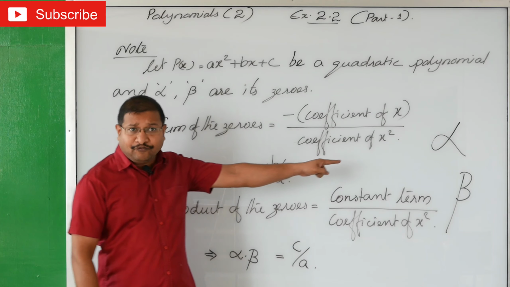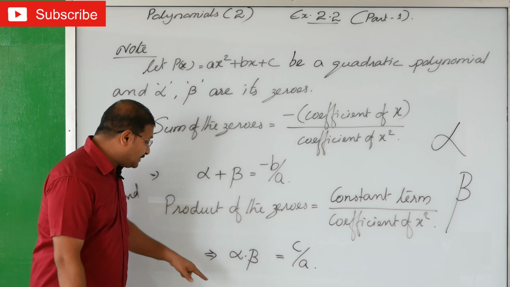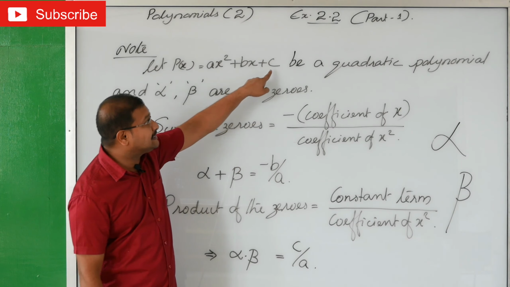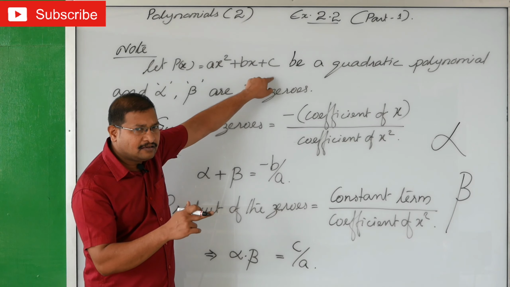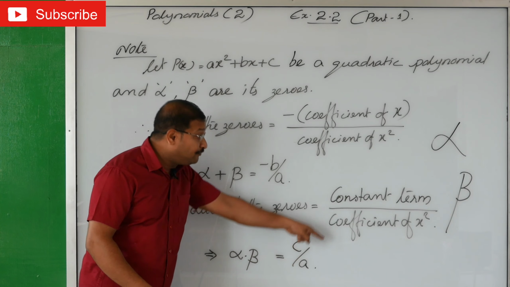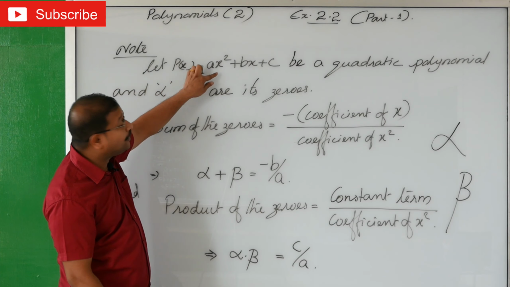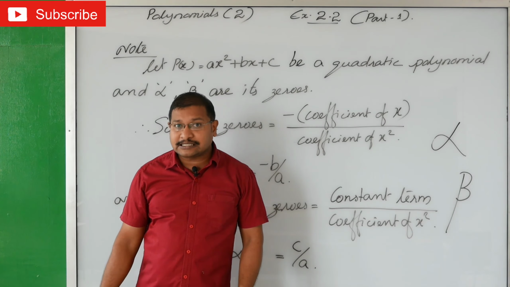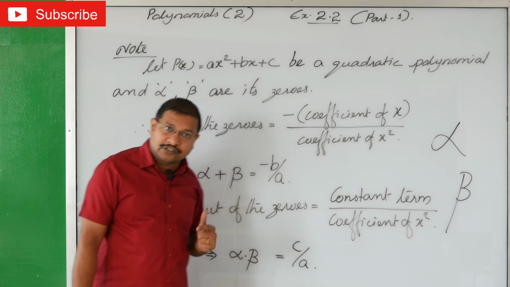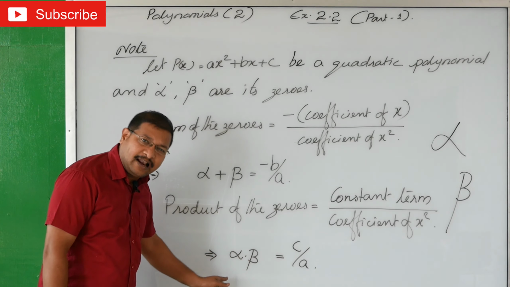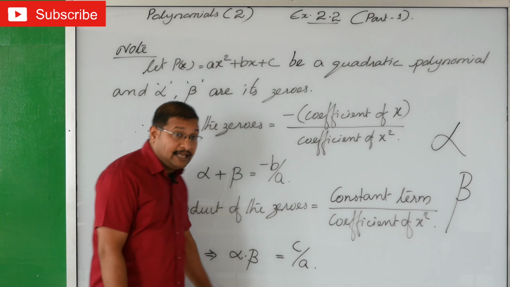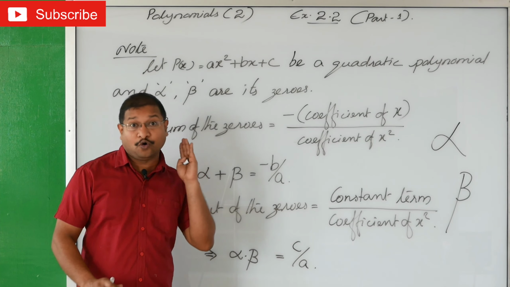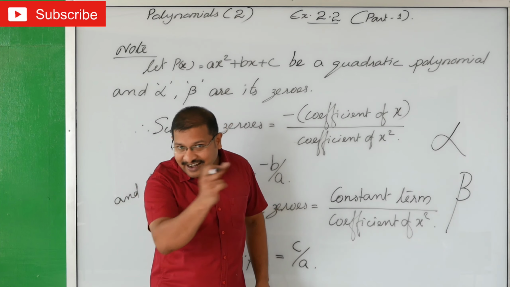So the zeros are alpha and beta, so alpha into beta equals constant term, that is c, divided by coefficient of x square, that is a. That means product of the zeros, alpha beta, equals c by a. It's very important. Before starting this exercise 2.2, study this one.